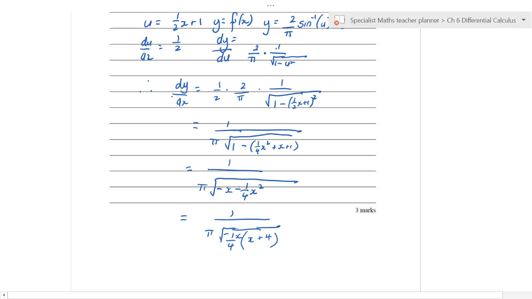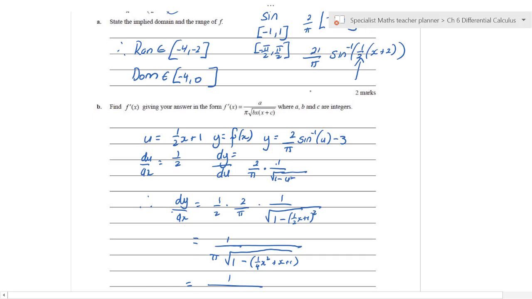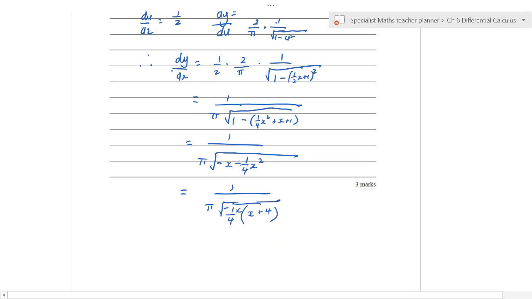Okay. So now, what's the square root of a quarter? It's a half. And 1 divided by a half is 2, so the 2 goes up the top there.